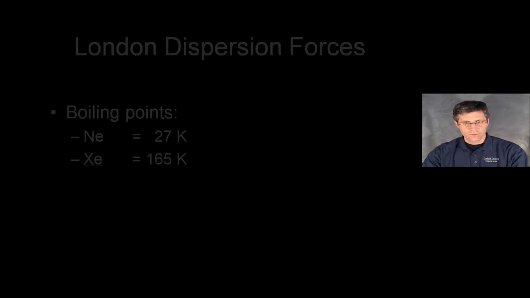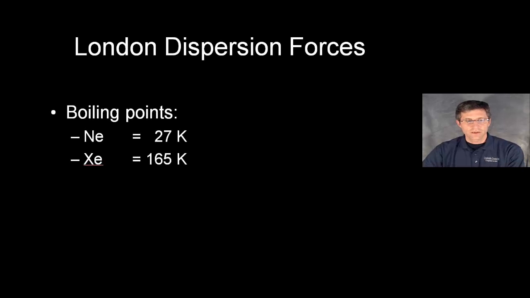If we look at something like xenon, we'll see that the London dispersion forces in xenon are much stronger. And we can observe this in the boiling point is 165 Kelvin. So we compare neon and xenon. Both of these are noble gases. Neon's very small, xenon's much bigger.